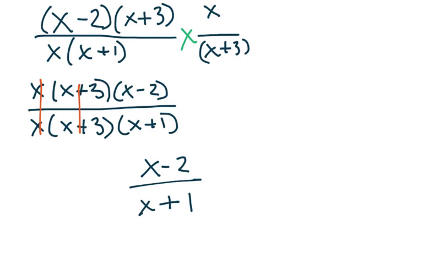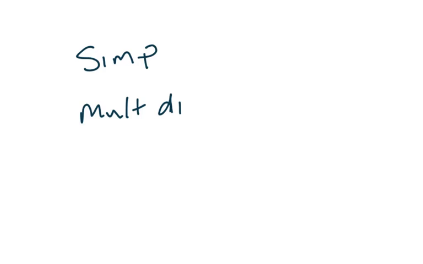All right, so this is simplifying, multiplying, and dividing. I would like for you now to go work on simplifying in your packet and multiplying and dividing in your packet.